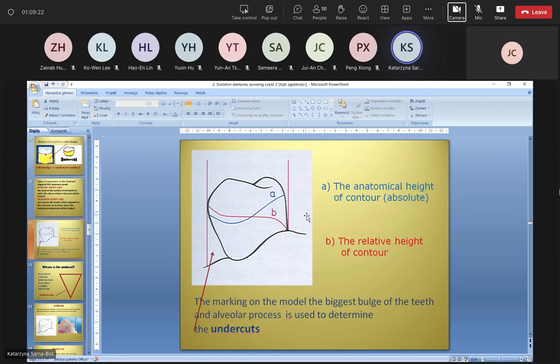Once again, we have the anatomical height of contour, the absolute one, and the relative height of contour. And the marking on the model, the biggest bulge of the teeth and the alveolar process, is used to determine the undercuts. So we need the greatest convexity of the tooth to find the undercut.